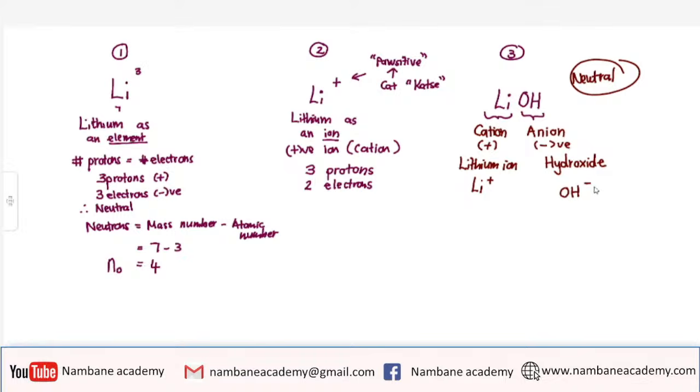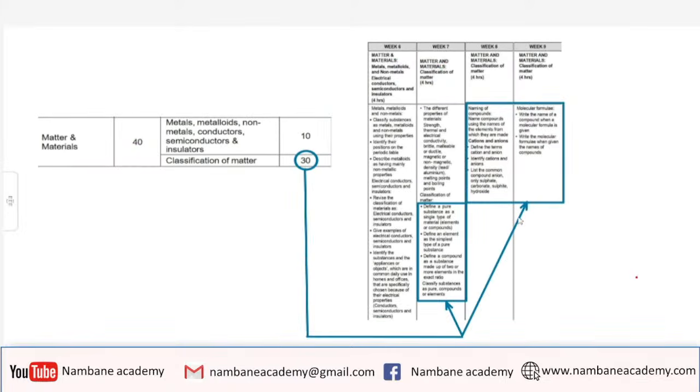Now, usually when I'm teaching the topic, I always focus on the anions first because in the ATP, they actually list them for you over here. They tell you, right, the sulfate, the sulfite, the carbonate, and the hydroxide. So basically, 1, 2, 3, 4. There's like 4 really to remember.